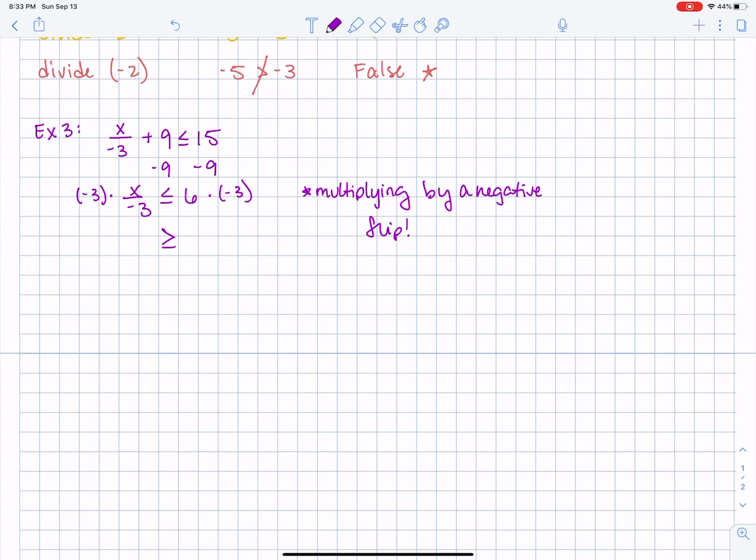So I'm going to flip that around, and I get that x is greater than or equal to negative 18. Now, if you went ahead and you fraction busted, you would have flipped your inequality in this first step because you would have multiplied everything by negative 3 in that first step.